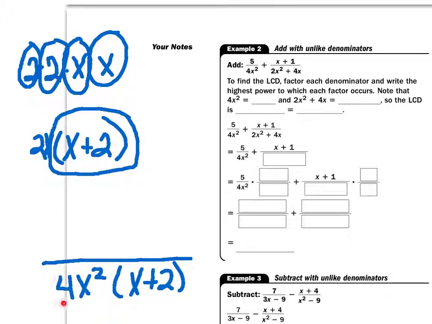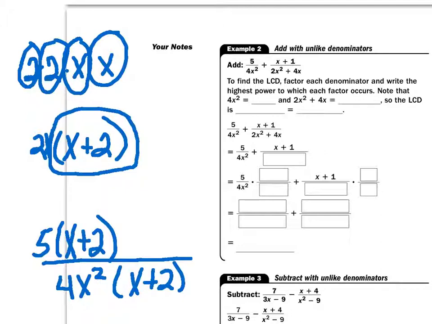I already have this part, so all I need is this part. So that means I'm going to multiply the top by just the part that I need. If I mark those out and reduce it, you'll notice that I would have the exact same thing that I had to start with, which is good. We're not changing the value of it any.